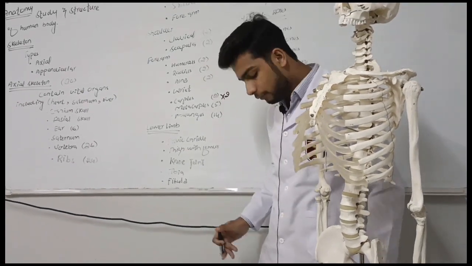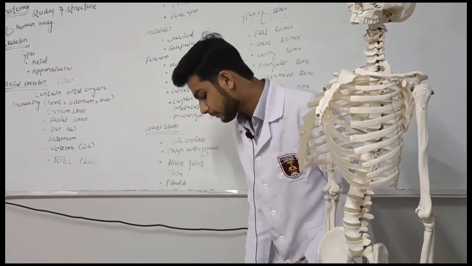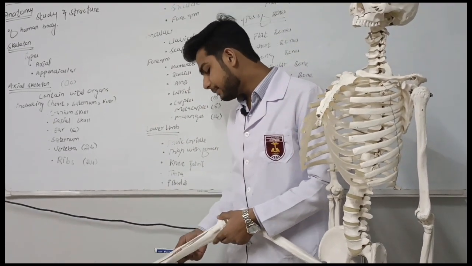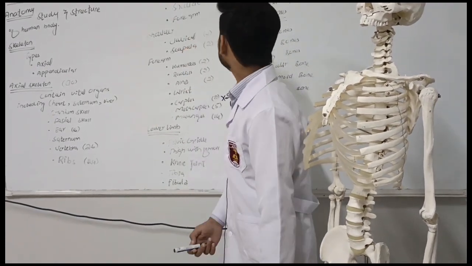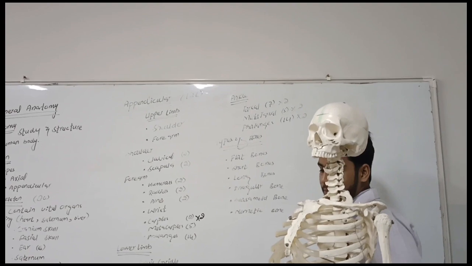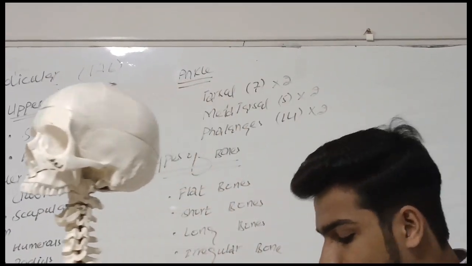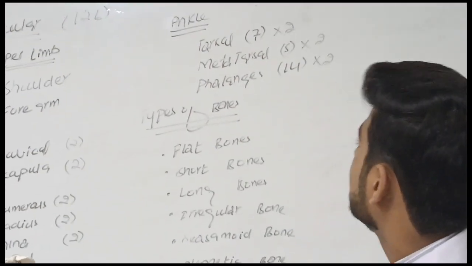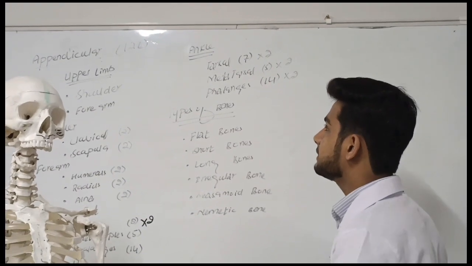And now further we discuss the tibia and fibula. Then we discuss the ankle: tarsals, metatarsals, phalanges.